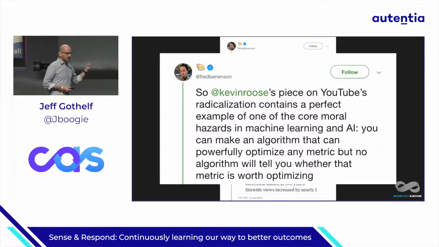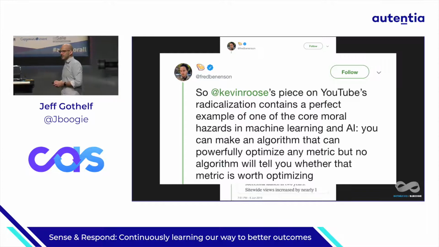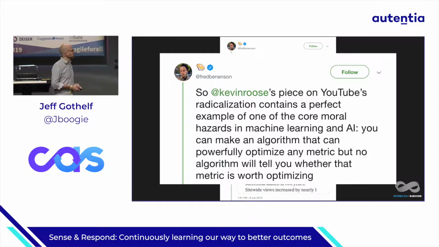And in fact, they are now being implicated in the radicalization of young white kids, particularly in America, who are going down these YouTube rat holes of watching video after video after video, and YouTube's okay with this because that's their outcome. That's the behavior change that they're going for, right? All the features that they're designing, the algorithmic features, are there to drive that kind of behavior. Something to think about.